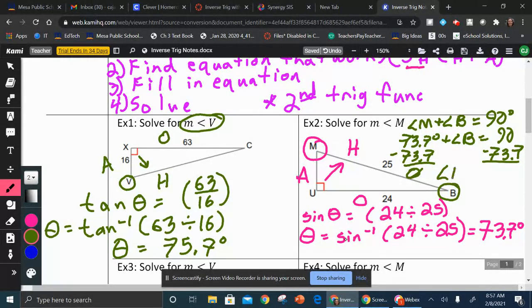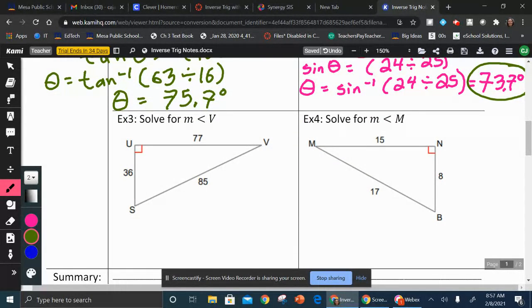So we get the measure of angle B is equal to 16.3 degrees. We got it, everybody. This is a way we can find all the angles.